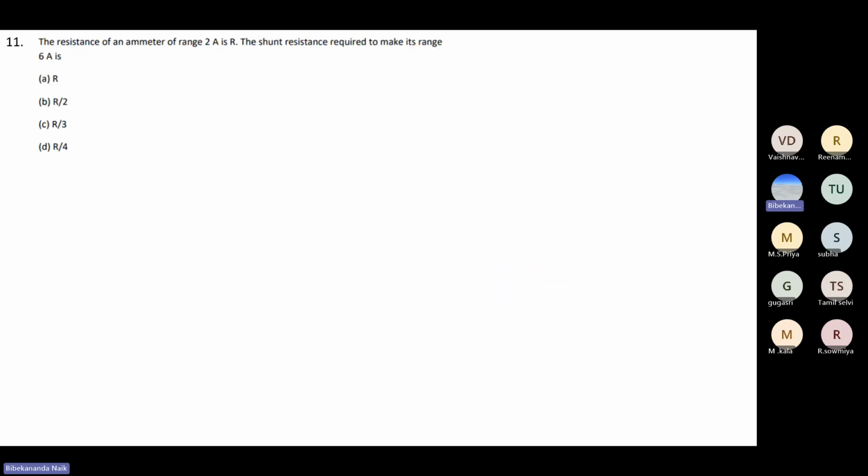Now question number 11. The question says the resistance of an ammeter of range 2 ampere is R. The shunt resistance required to make its range 6 ampere is.